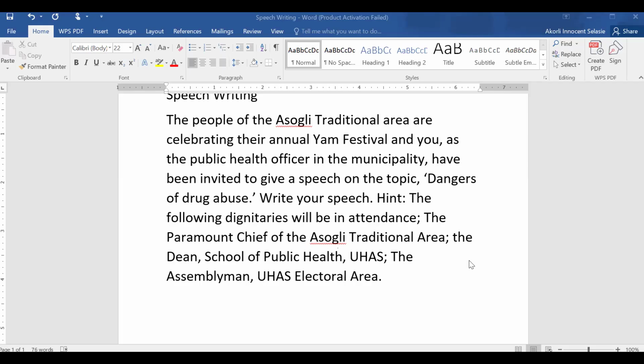Say it. Okay. During the title, we mentioned that the speaker's name should be part of it. So what I have here is a speech on the danger of drug abuse delivered by the municipal health officer at the Asogli Festival.